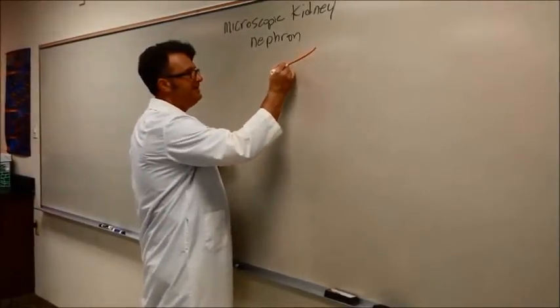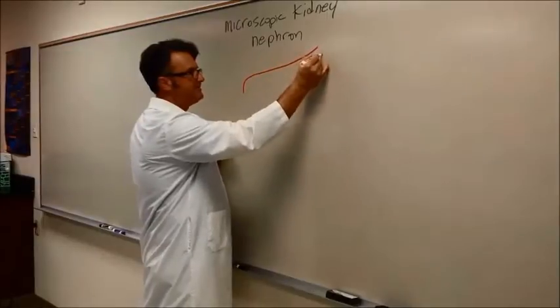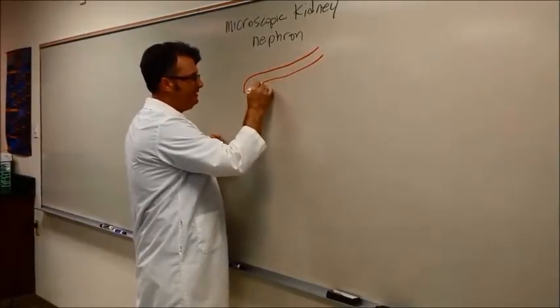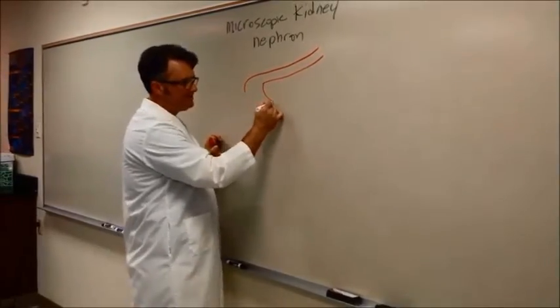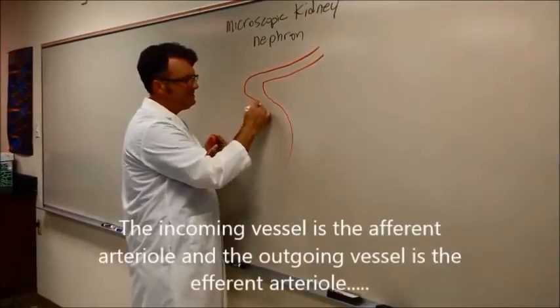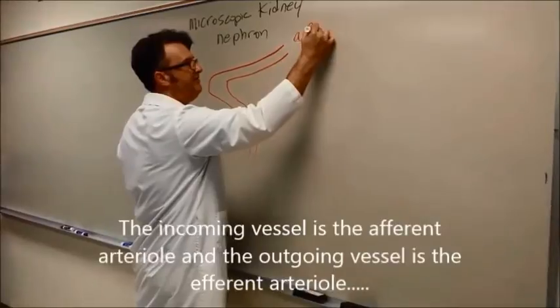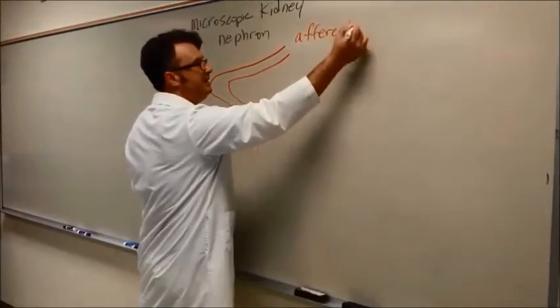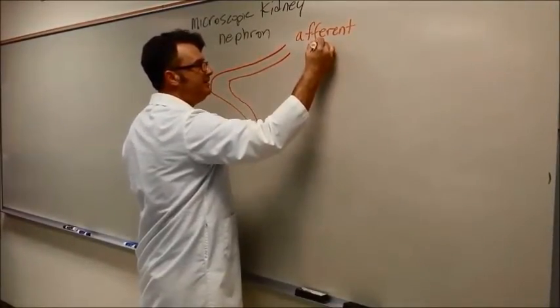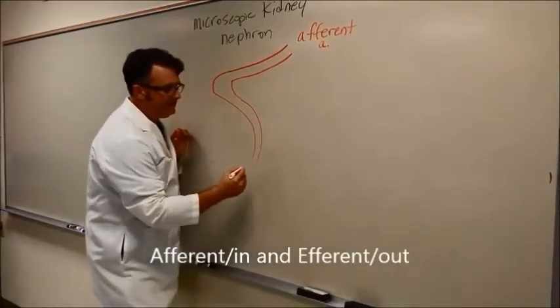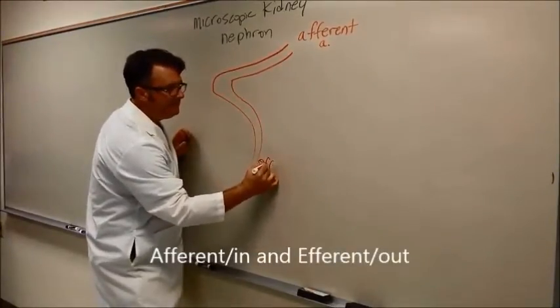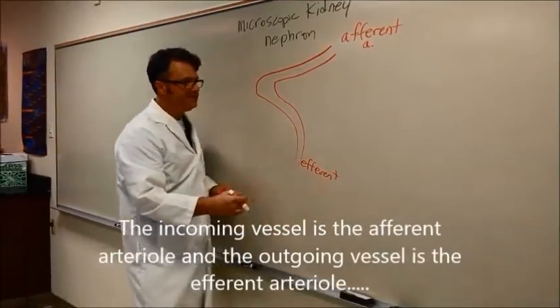And so there is an incoming blood vessel, and there's what's called a glomerulus, and then there is an outgoing blood vessel. We learn afferent in and efferent. This is the efferent side.